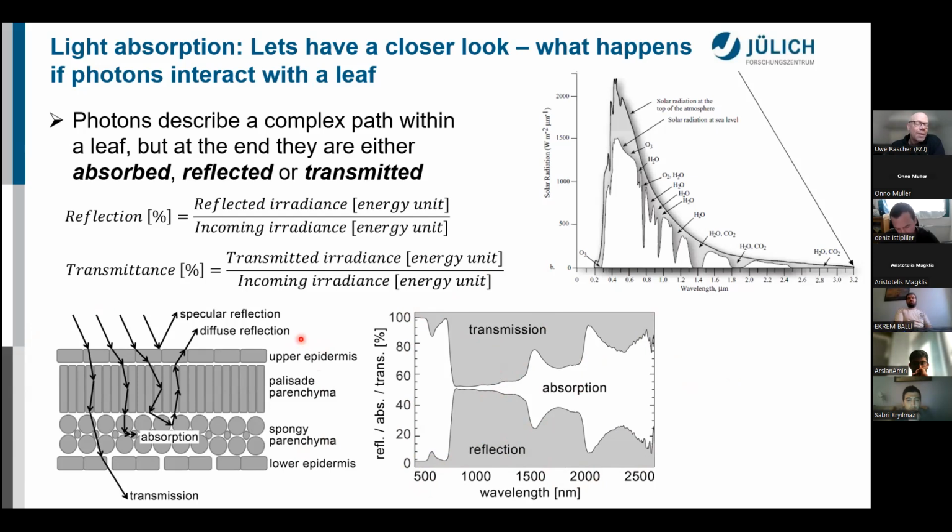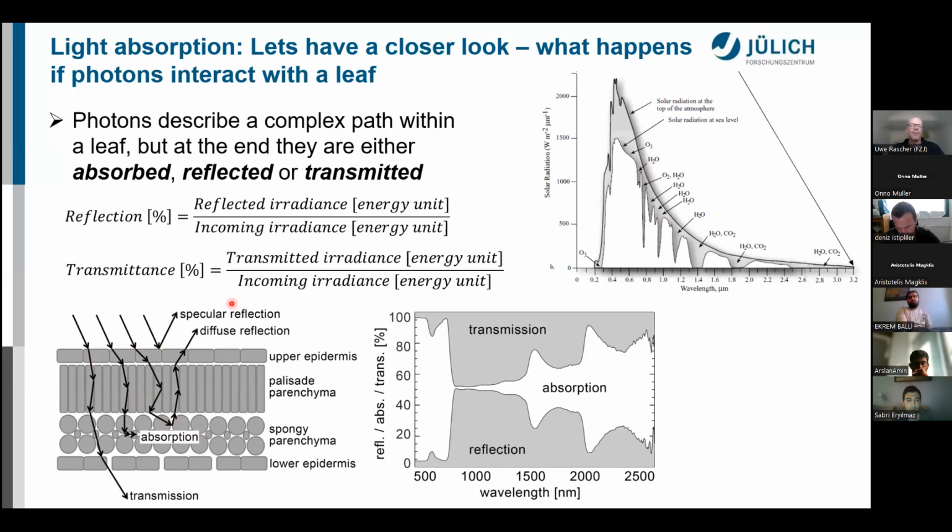If you want to be really precise, and some people do this, if you really want to unravel this, you have to be aware that the path of the photons through a leaf and within a leaf is pretty complex. So it's not only the transmission, absorption, and reflection process, but there are several interactions of the photons with the surfaces of the single cells, with the pigments within the cells, and so on.